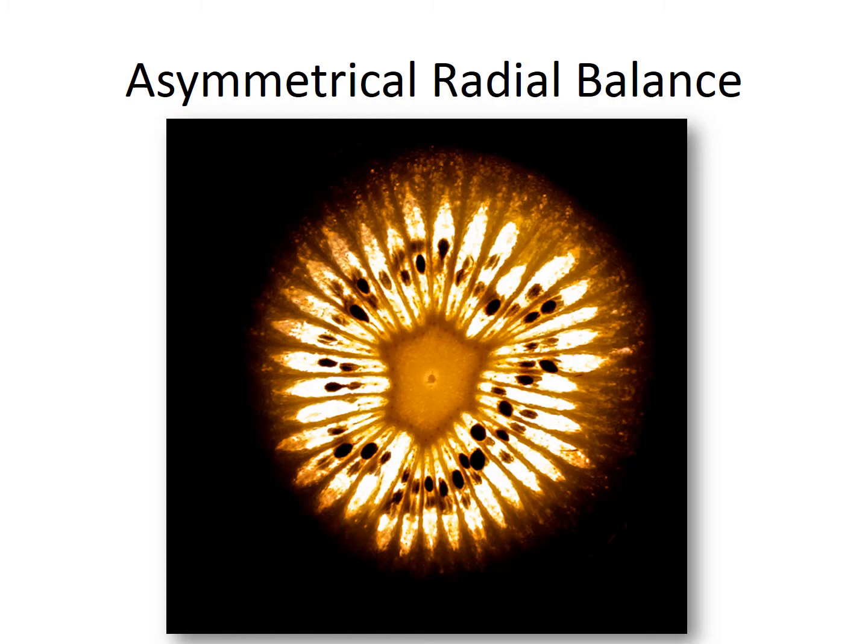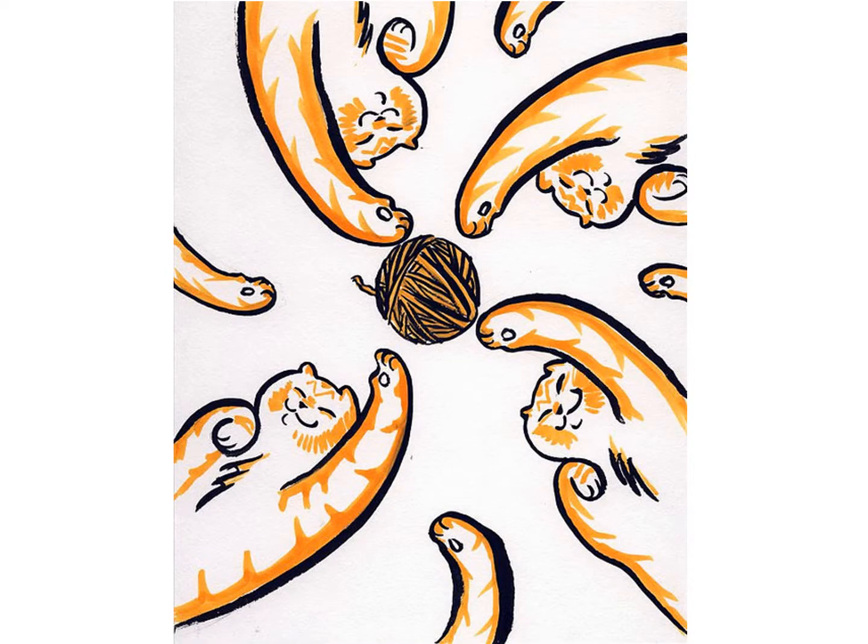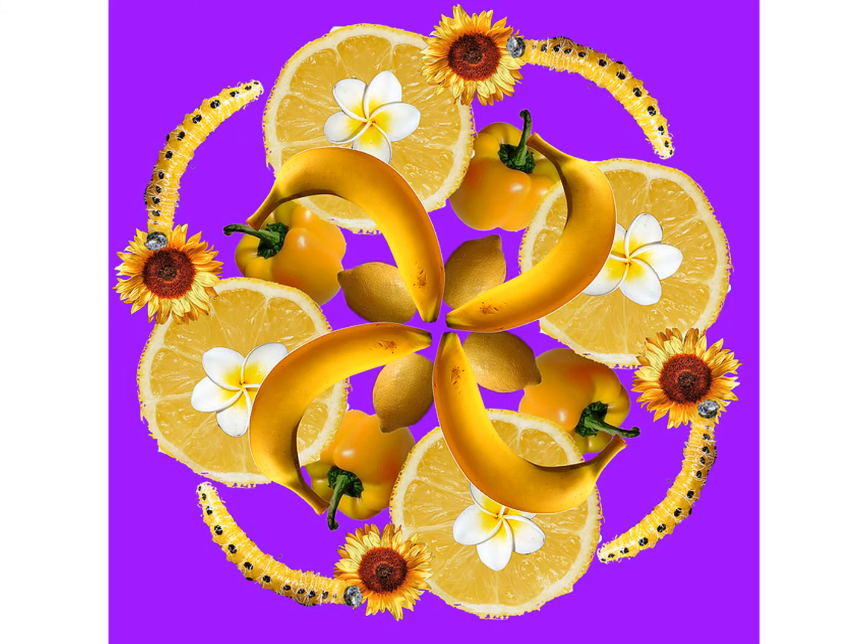Yeah, we still consider it symmetrical. But how about this one with the cats? If you were to divide this directly down the center, you'd end up with a pretty different image on the left than you would on the right. This is not symmetrical. It is asymmetrical, and it is asymmetrical radial balance.